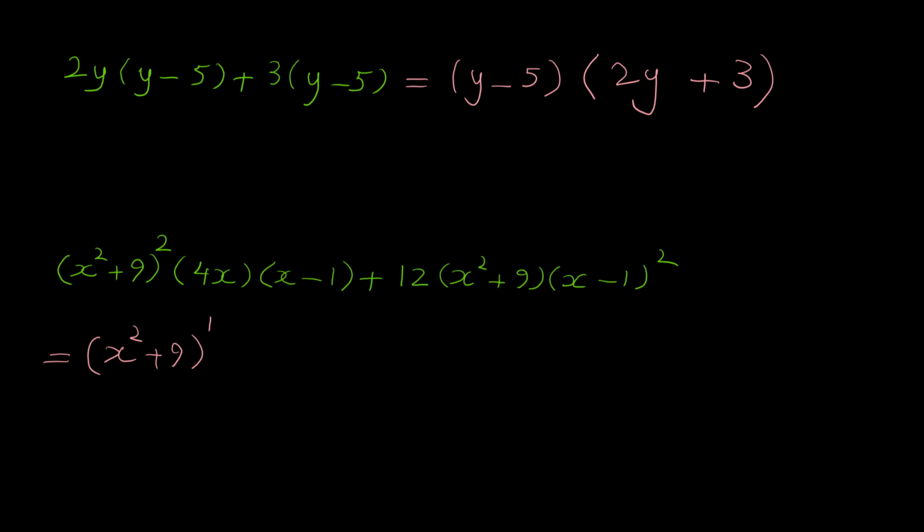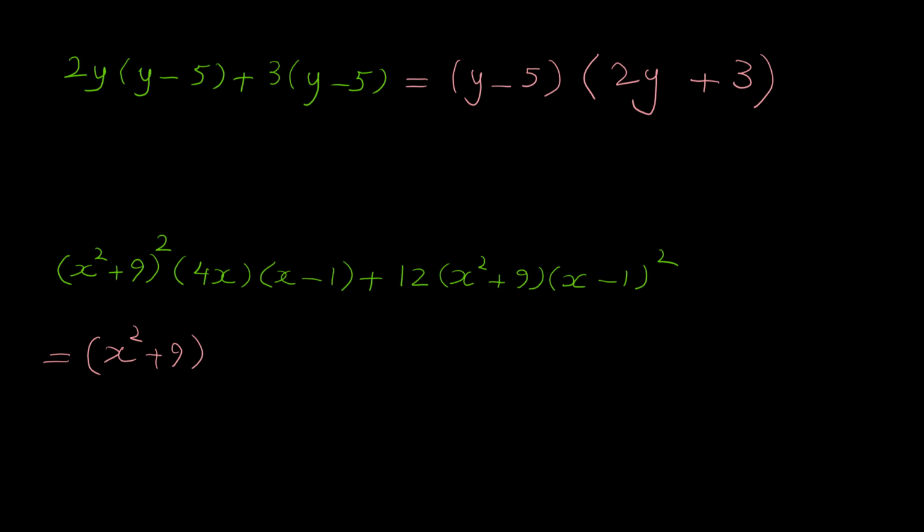And because the power is 1, you don't need to really write the power 1 for the bracket. Now look at this. We have a 4x here and we have a 12 here. Is there any common factor between 4x and 12? Yes, between 4 and 12 the common factor is 4.